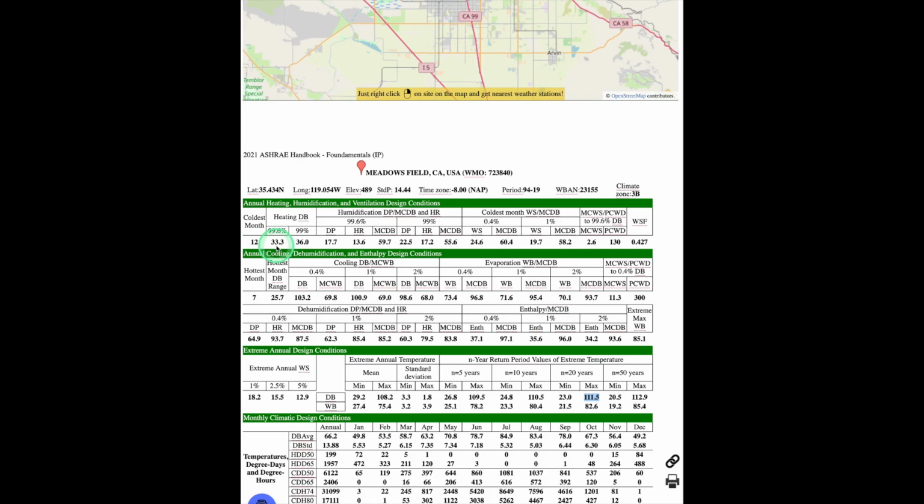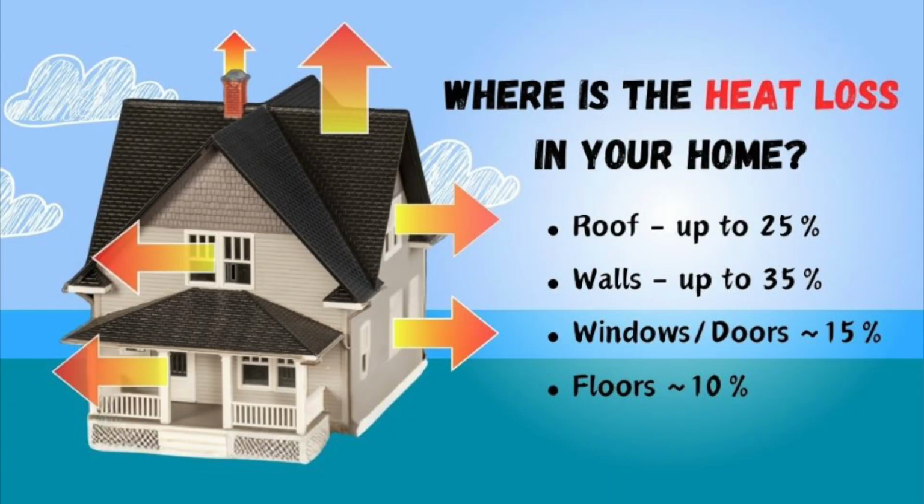It might go a little colder than 70 degrees in the winter. It might go to 69 or 68. But it's not going to drop dramatically or drastically because hopefully we have good insulation in the walls and the attic, and great double pane windows to keep the heat that we're putting in the home in the home.